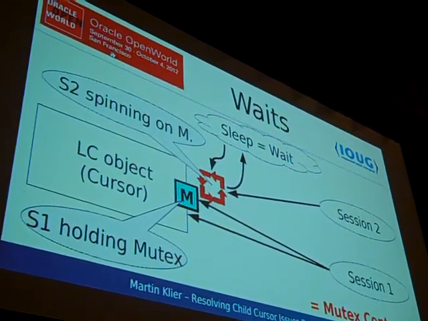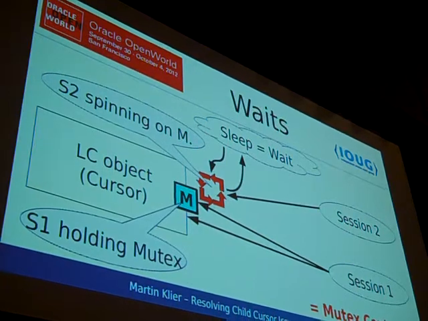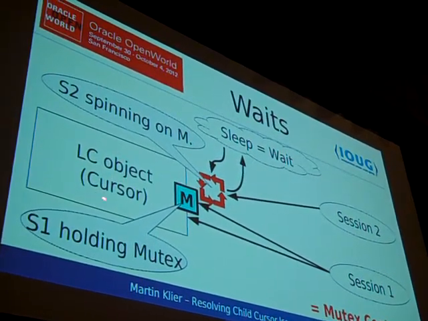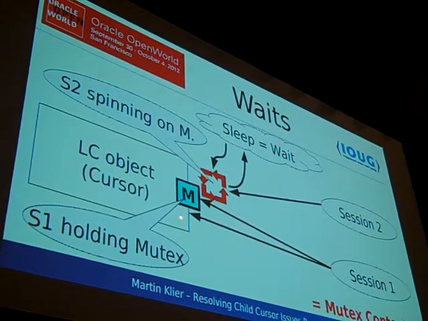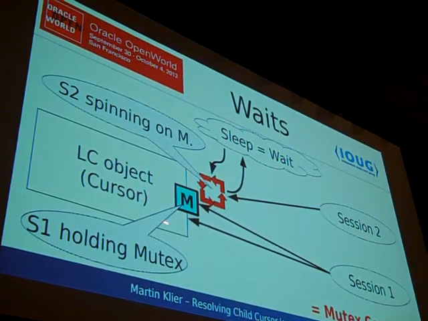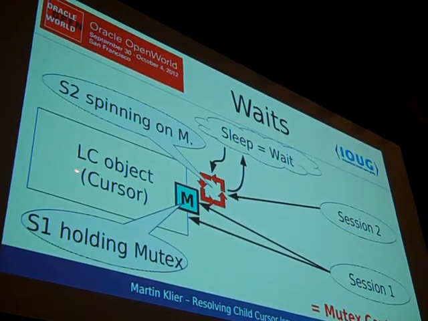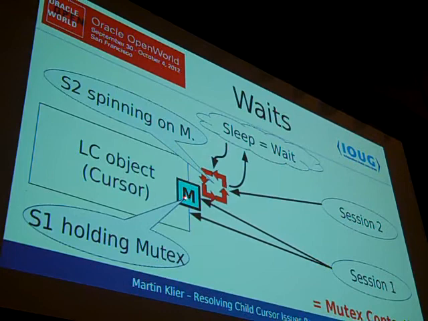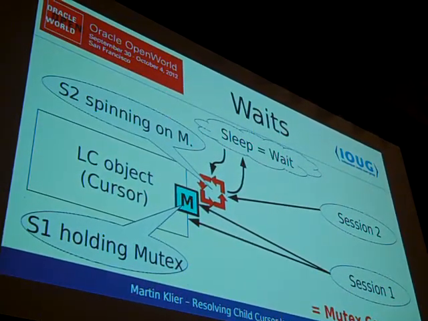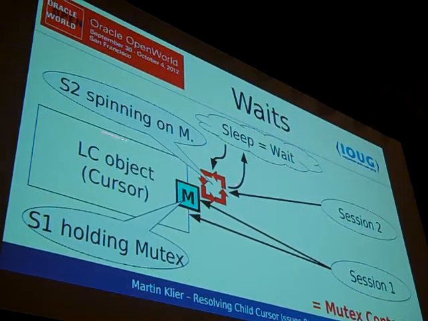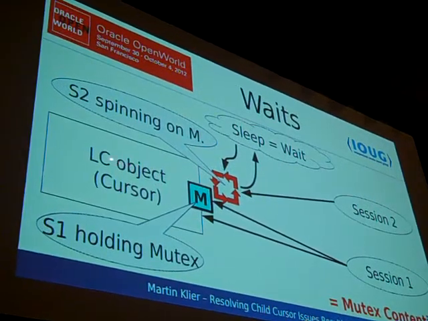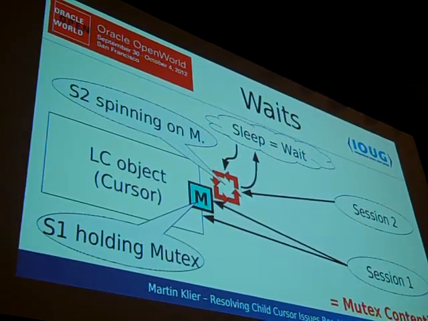So this is mutex contention. If you are looking at my library cache object, it's a cursor of any kind. It's protected by a mutex. Let's assume it's a single mutex, but it doesn't matter really. Session number 1 is manipulating the library cache object and thus is holding the mutex in exclusive mode. Session number 2 has the same plan, it wants to manipulate the library cache object, but can't get the mutex.